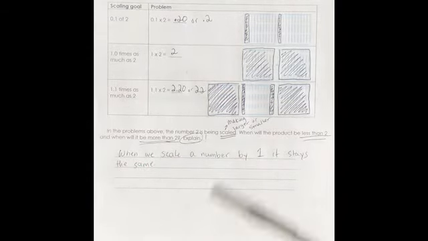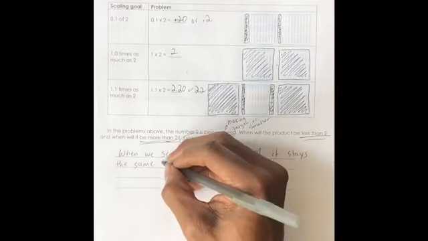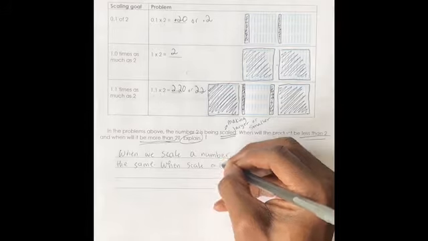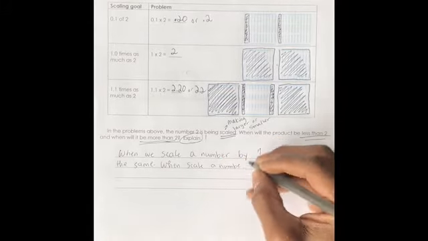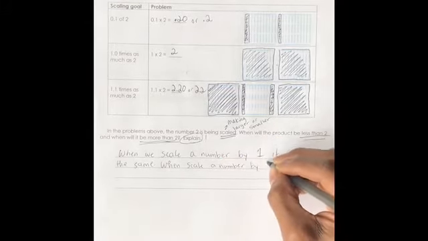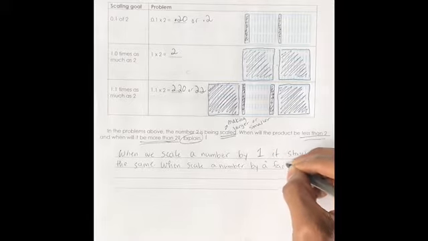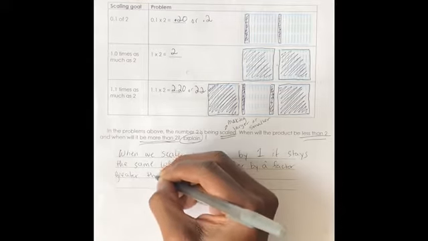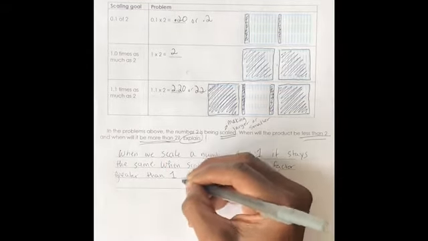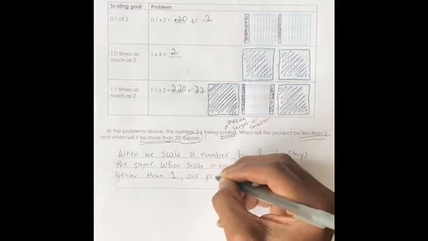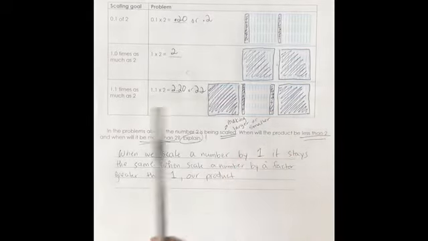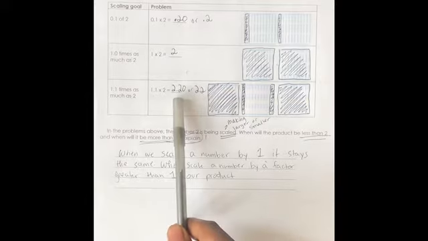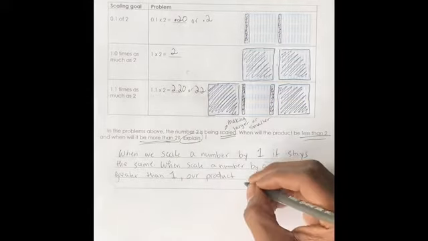But what we just learned by following this pattern is when we scale a number by a factor greater than 1, our product is what? So this factor is greater than 1, and we saw that our product is indeed larger.